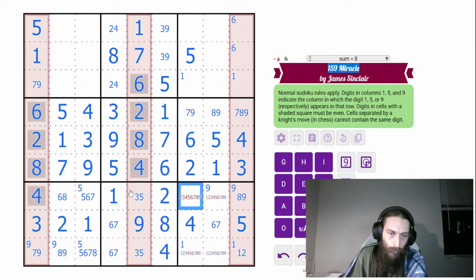Okay, so that one sees 1, 2, 4, 6, 7, 3, 5, and 9. So apparently that's just an 8. That's a 9. So 9 is ruled out of there.